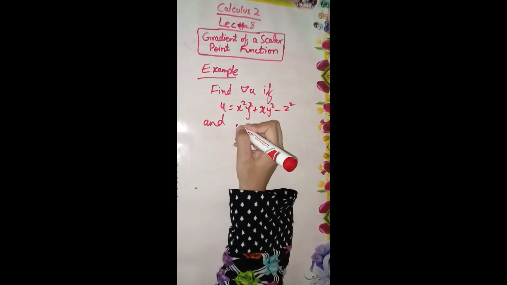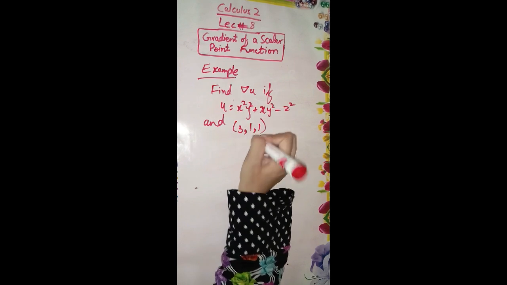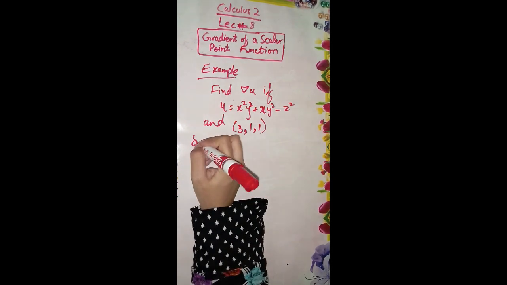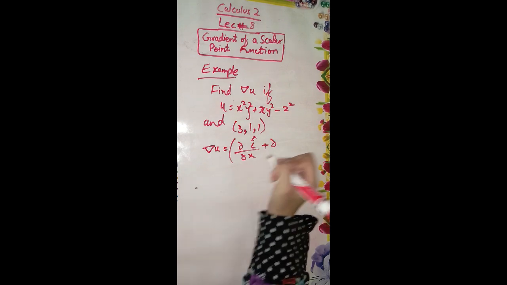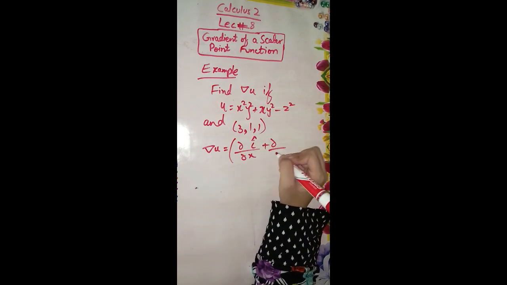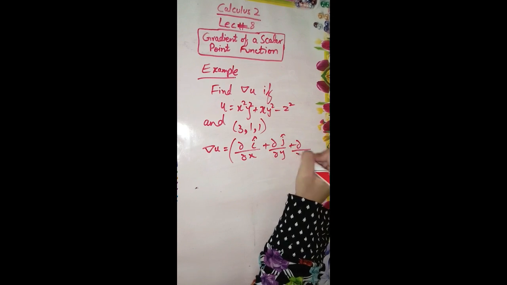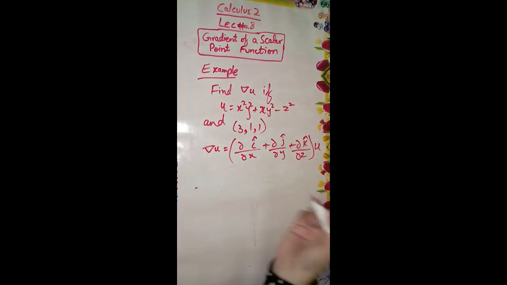And the values of x, y, z are 3, 1 and 1. So by using our gradient formula, del u is equal to partial by partial of x in the i hat direction plus partial by partial of y in the j hat direction plus partial by partial of z in the k hat direction, and multiply with u.